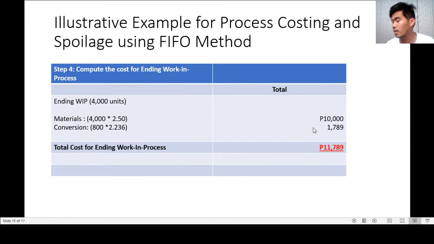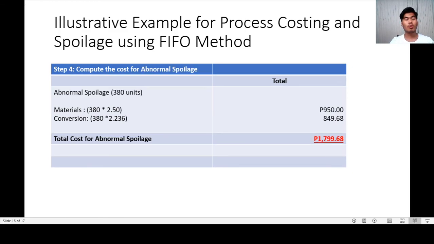Tapos yung conversion natin sabi doon is 20%. So yung 4,000 times 20%, that is 800 units. Tapos i-times natin doon sa equivalent unit cost na 2.236, that is 1,789 pesos. So yung total cost ng ending work in process natin is nasa 11,789.